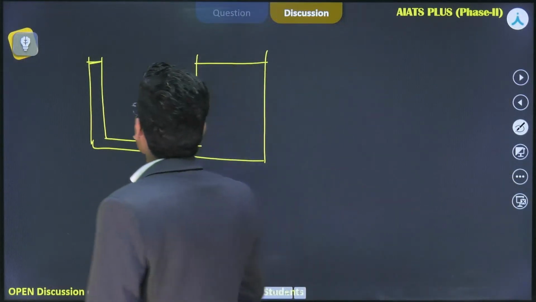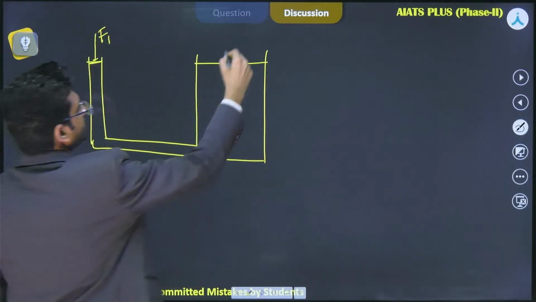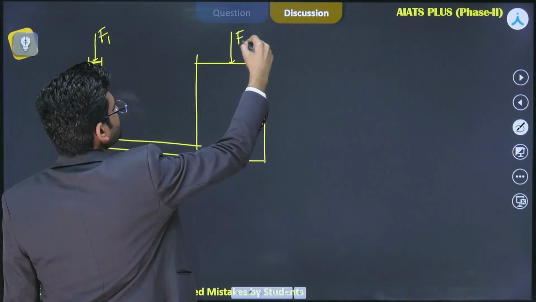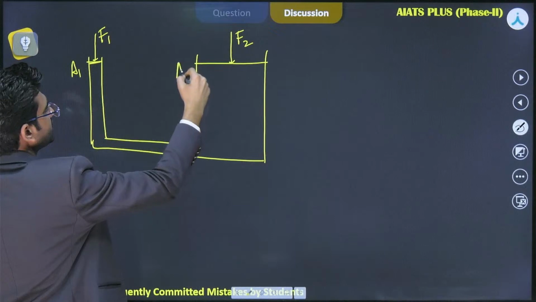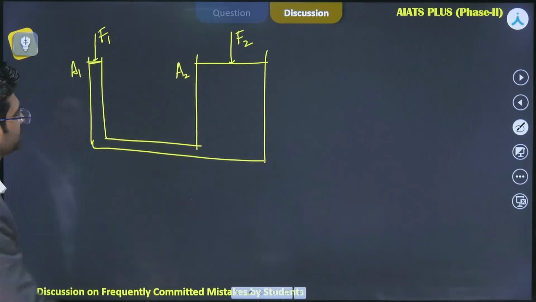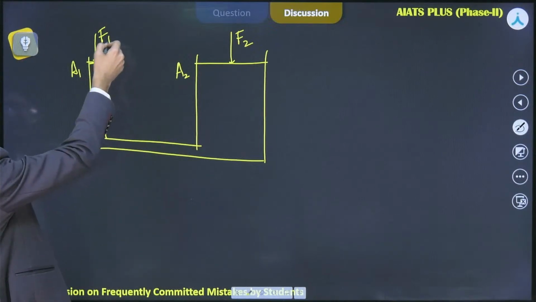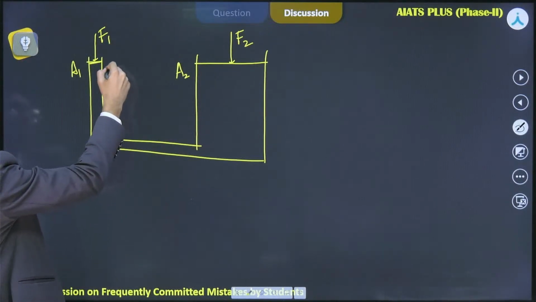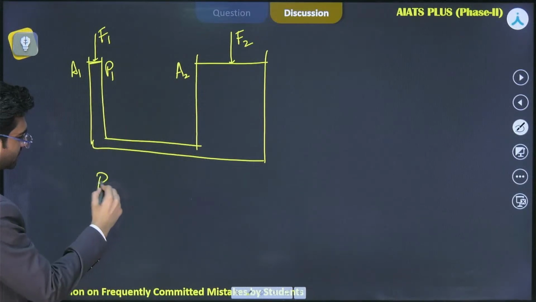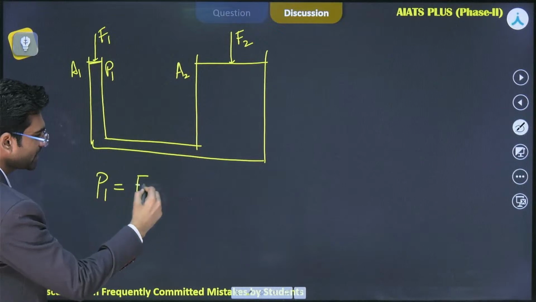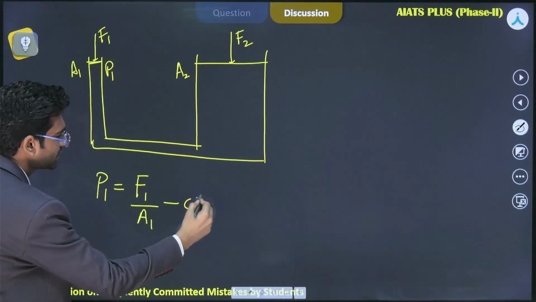Now if I apply force F1 here, and force F2 here, let's say this is area A1, this is area A2, and both of them are balanced. So by applying force F1 on this area A1, let's say I have increased pressure as P1. So P1 is equal to force divided by area, so this will become F1 by A1. This is my equation number 1.